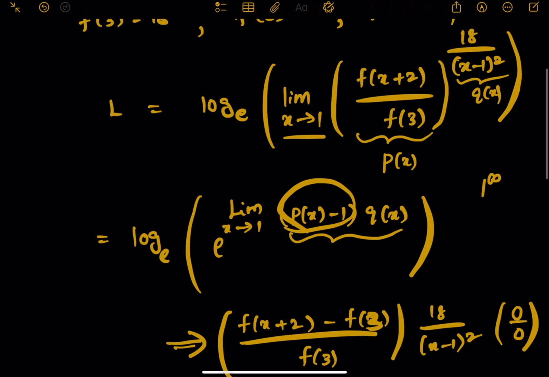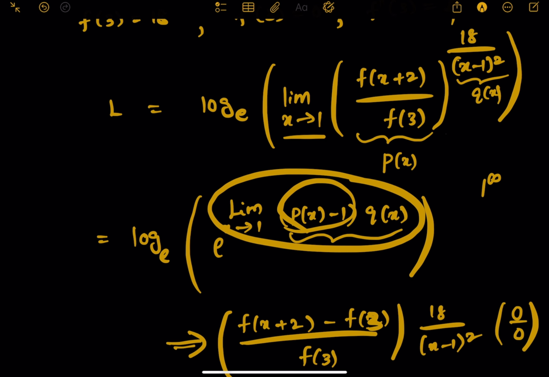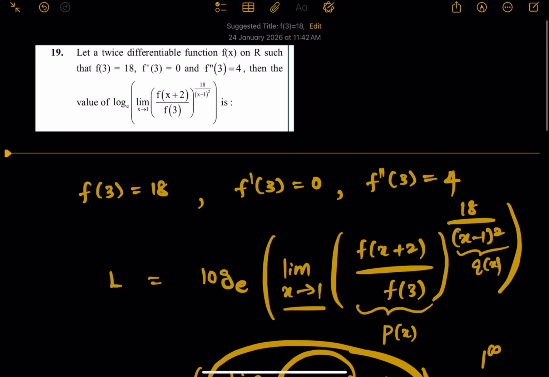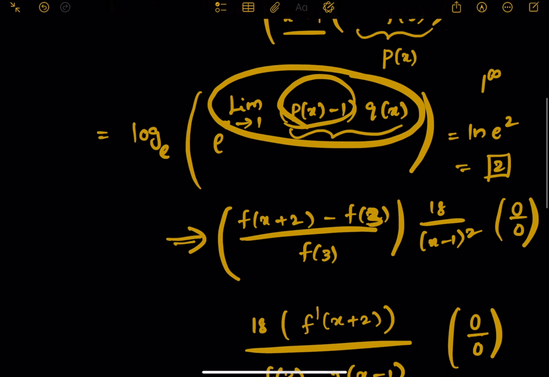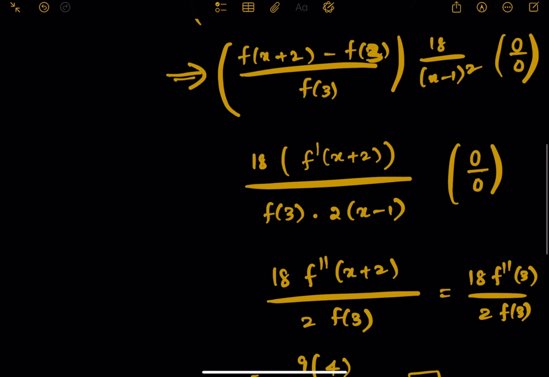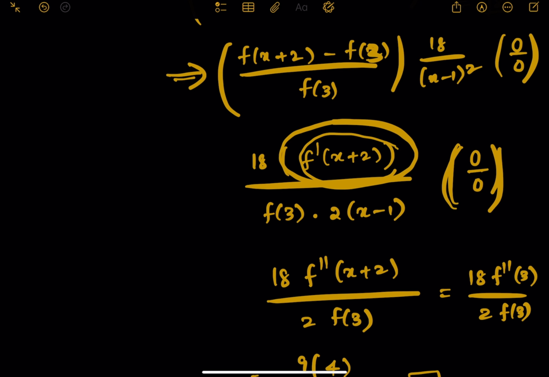So this limit is 2. Therefore it is simply ln e square. What is ln e square? That is simply 2, and that is your answer. It is such a simple question. You just have to apply L'Hospital's rule. Also, why does this become a 0 by 0 form at this step? It is because in the question it is given that f'(3) = 0, and when you put x = 1, it will be f'(3) in the numerator.